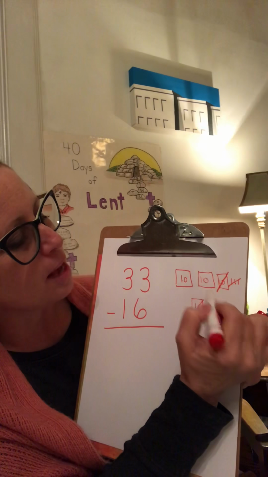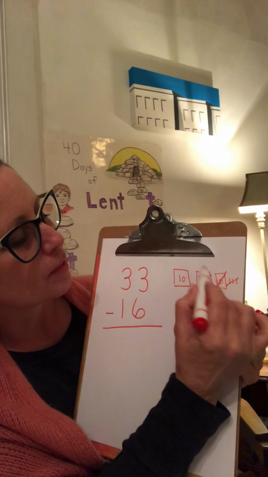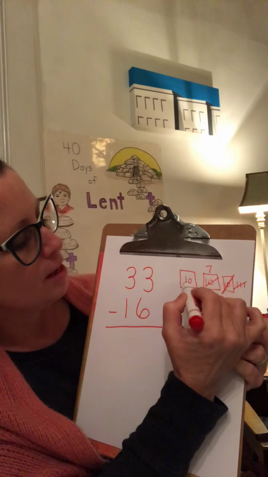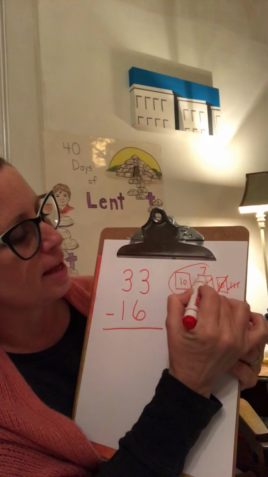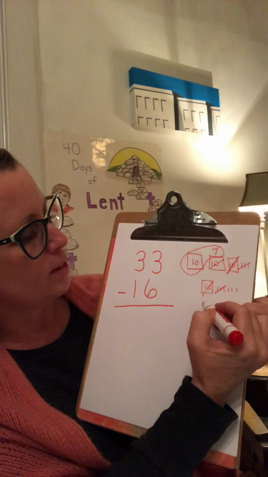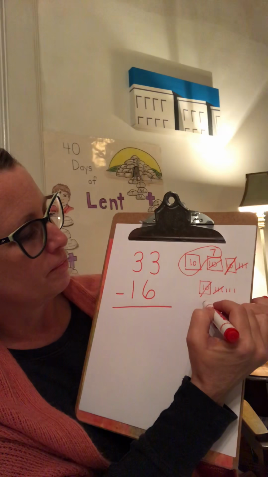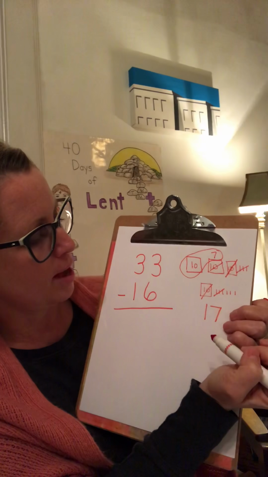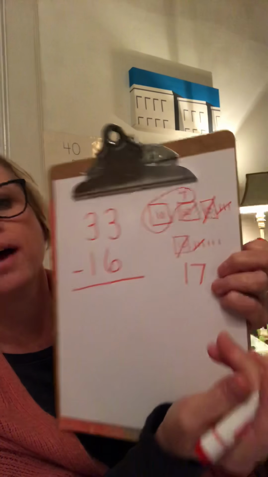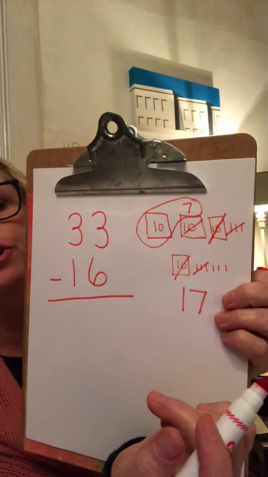So 10 minus 3 is 7. So that's what you have left over, a 10 and a 7. So what is that? 17. Okay? So that's one way to do it. You can draw a picture.